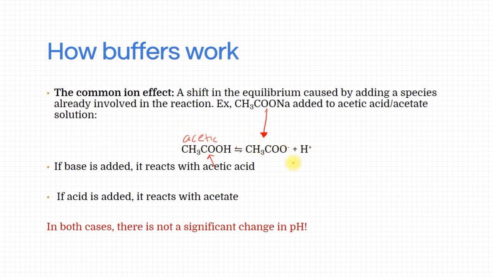I have its conjugate. Now, if base is added to this, so if I add OH minus, that is going to react with the acid. Now, sometimes people are tempted to see the H plus on the other side over here and think that it might react there. But the thing is, there's a lot of acetic acid and only a little bit of H plus.